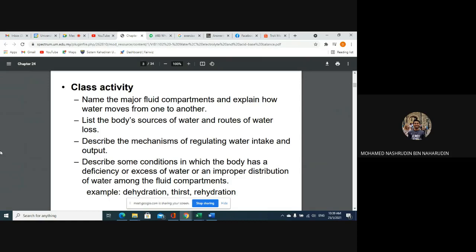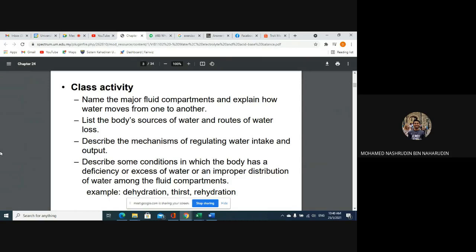We have learned this in our anatomy and physiology 1, how water moves from one place to another. Okay, this depends on the difference in pressure and volume as well. The concentration of water will be responsible for moving water from one spot to another spot. And then list the body's sources of water and routes of water loss.